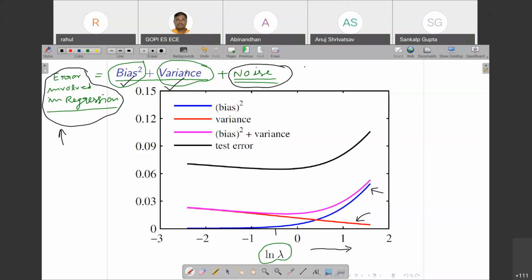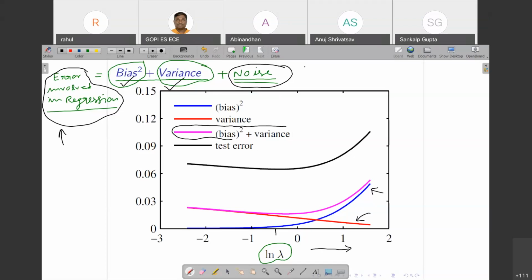We can't do anything with the noise, but there is a trade-off between bias square and variance. If I try to reduce bias square, variance will increase. If I try to reduce variance, bias square will increase. If I want to have a perfect regression, we have to look for a point where bias square plus variance is minimum. You can see just the outline of this graph.